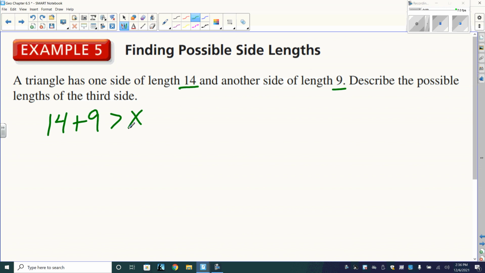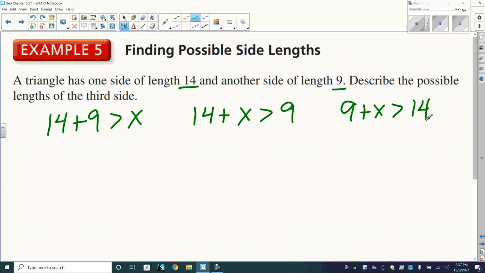We could also say that 14 plus x is greater than 9, and 9 plus x is greater than 14. Because we have 3 different ways we can add the 2 side lengths together, and it'd be greater than the third side.